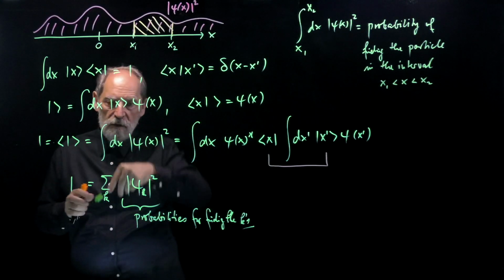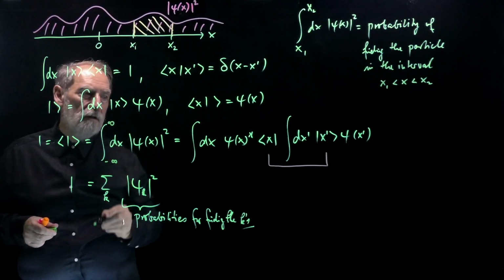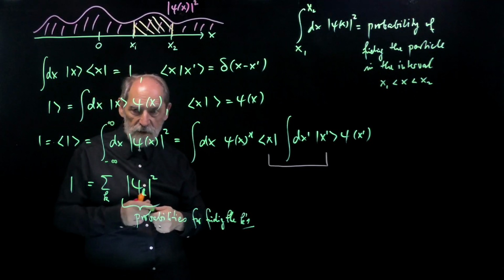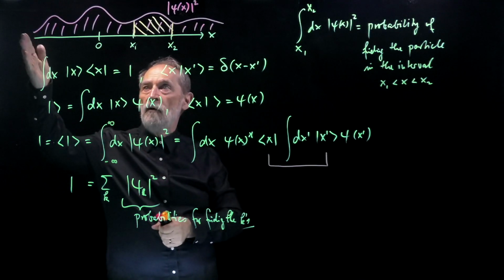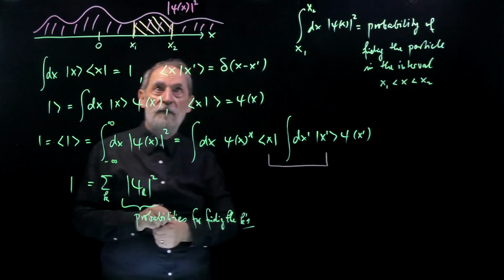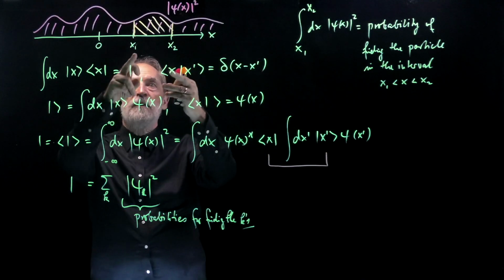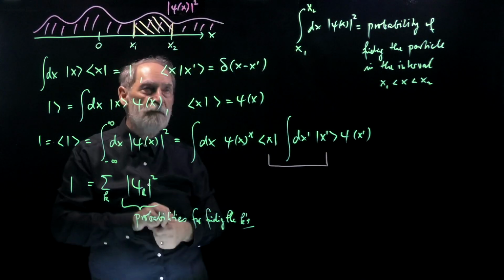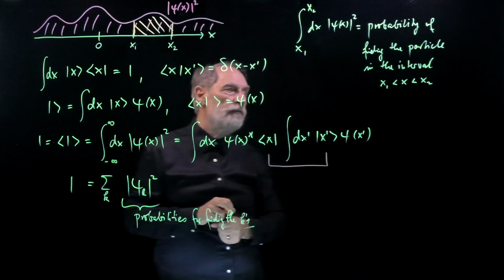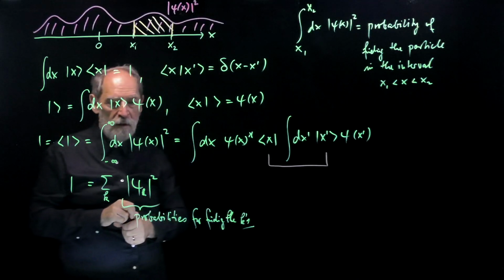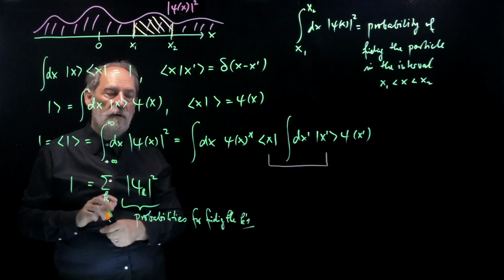So in these integrals where we integrate from minus infinity to infinity, usually we wouldn't write these limits because we just integrate over all x. Then that's the total area under the graph of psi of x squared. But for a finite interval like here, it's the area between x1 and x2 under the graph of psi of x squared. And that has the meaning of the probability of finding the particle in this interval, which is just like this expression for the discrete case, but now we have the continuous case.